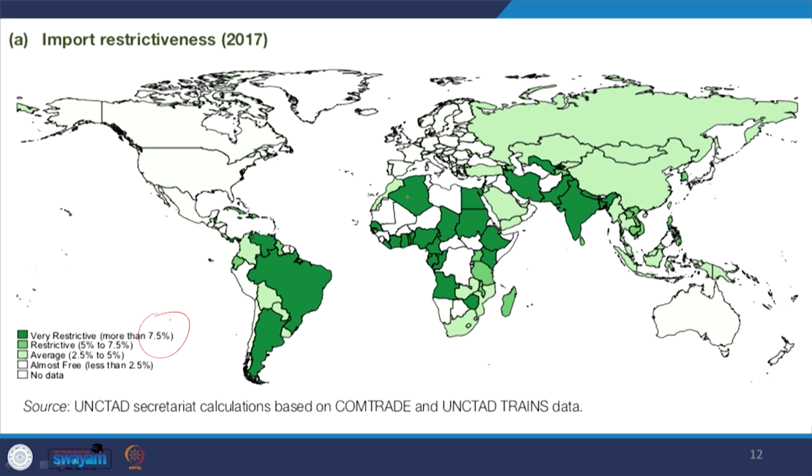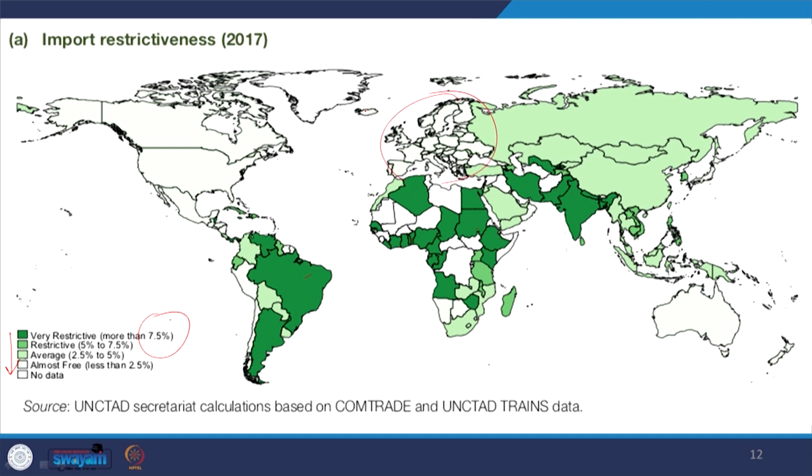Some of the countries in Africa also have the same, Latin American countries also have the highest rates. As I already said, these are largely the developing countries who practice higher restrictiveness, whereas there has been a continuous fall or reduction. The rates are much lower for other countries, especially among the developed nations.